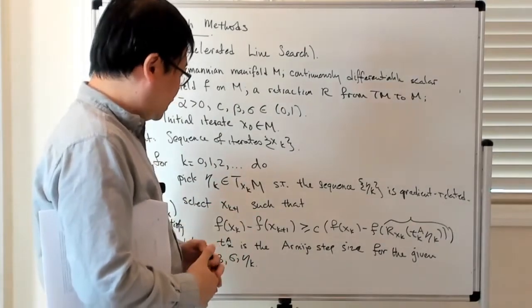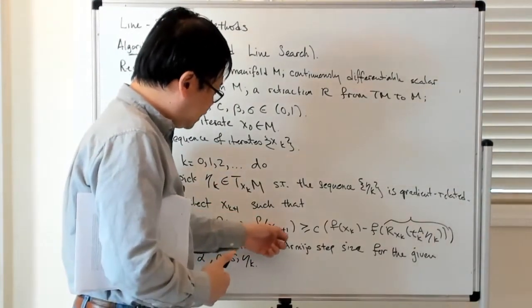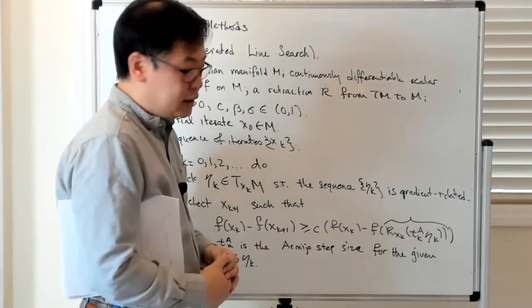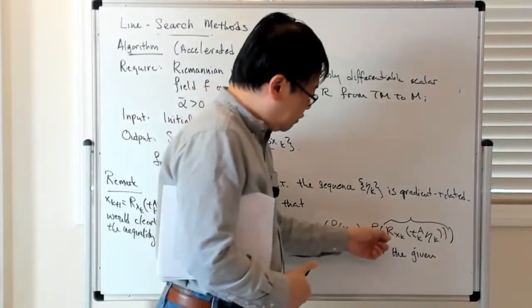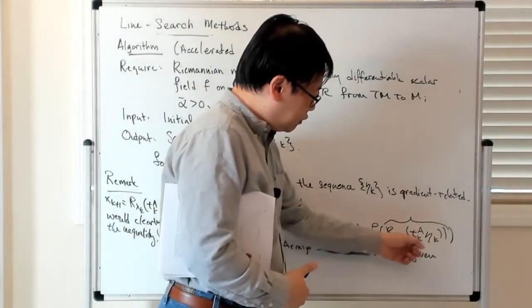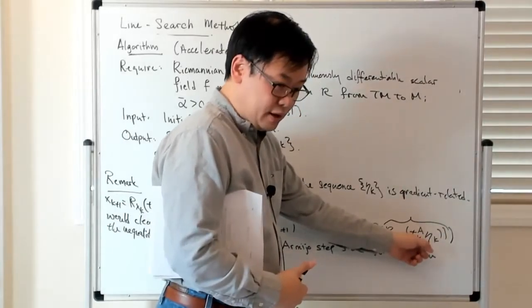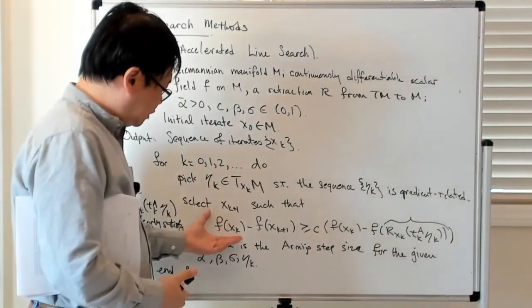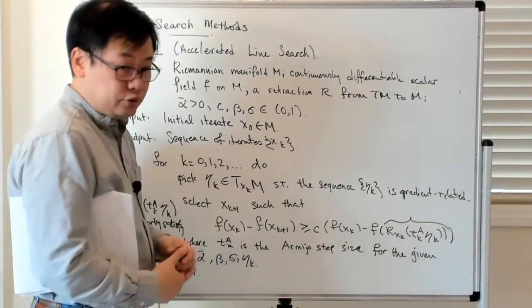If you have a sequence which satisfies this inequality, you can use what we're about to prove to say that this method also converges.